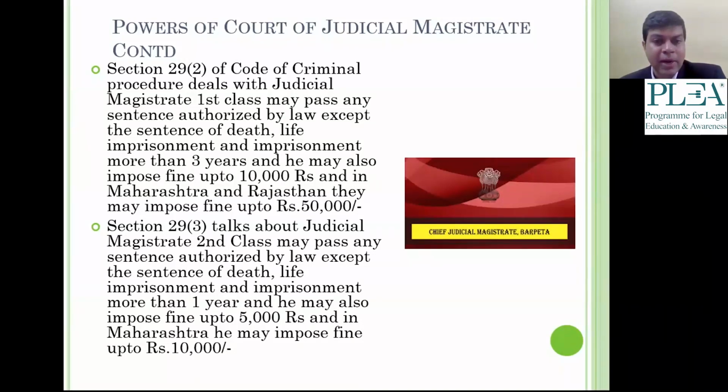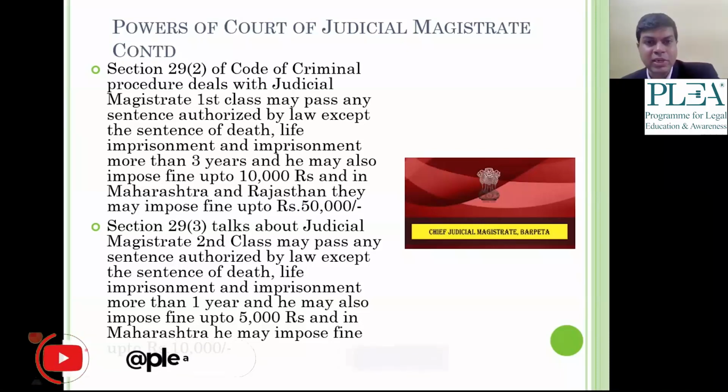So the chief metropolitan magistrate may pass a sentence of imprisonment up to 7 years, and the metropolitan magistrate may pass a sentence of imprisonment up to 3 years and a fine up to 10,000 in Maharashtra, and in Rajasthan the fine can be up to 50,000. So these are the powers which have been conferred.